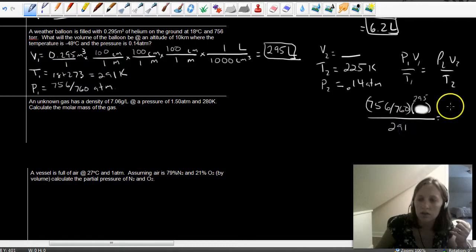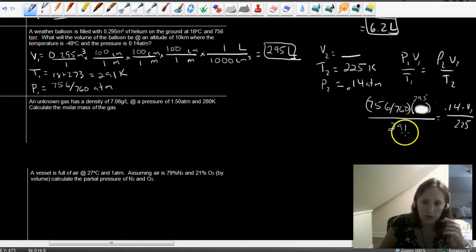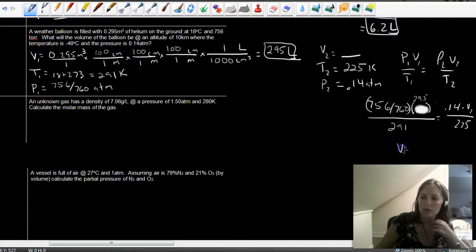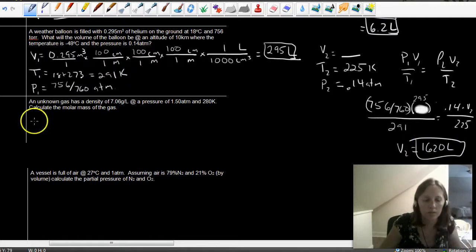And that equals P2, which is 0.14, times V2, and that is over 225. And you solve for V2, and I won't go into the algebra of it because, come on, you guys should know it. And that is V2 equals 1620 liters.